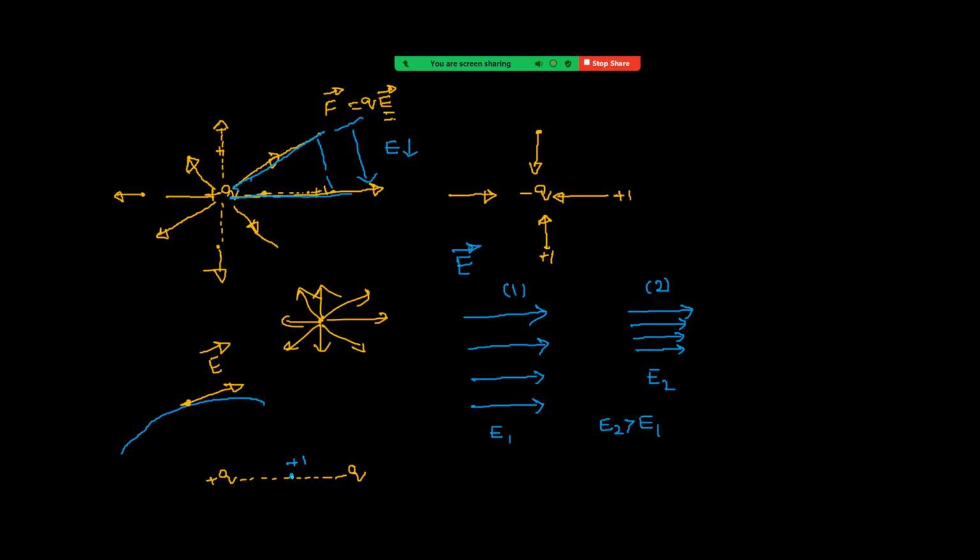So the direction of the field is from positive to negative. It is a straight line. So between these two charges, the field line is a straight line. If you consider the right of minus q, if you imagine a positive charge, the direction of field will be towards minus q, so the field line is like this.